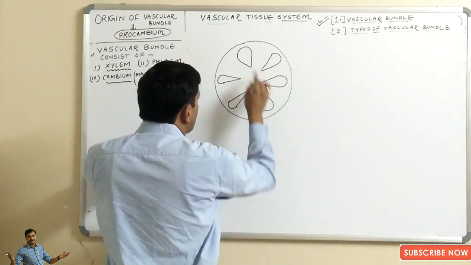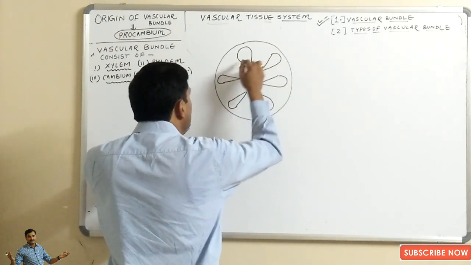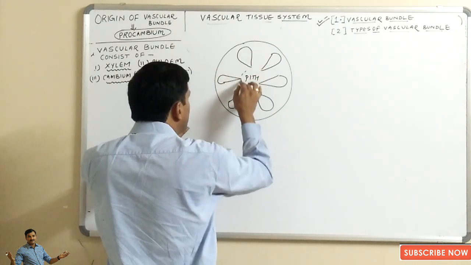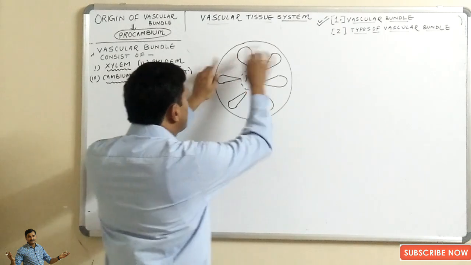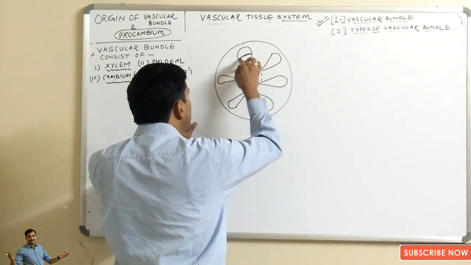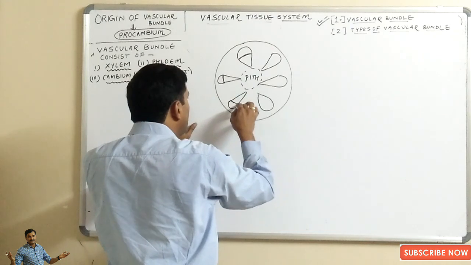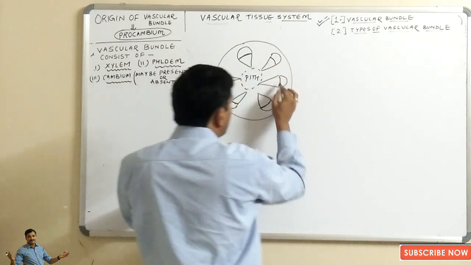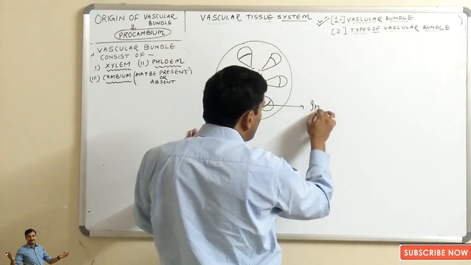Now what happens? Here is the pith at the center, and these are the vascular bundles. Now a cambium which is present in the vascular bundle, this cambium is called as what?